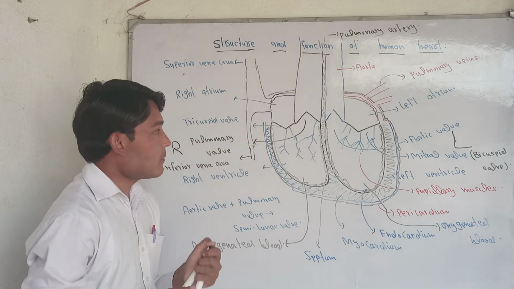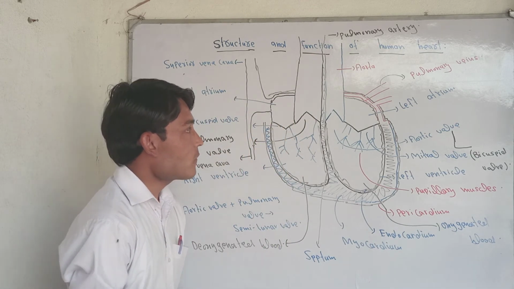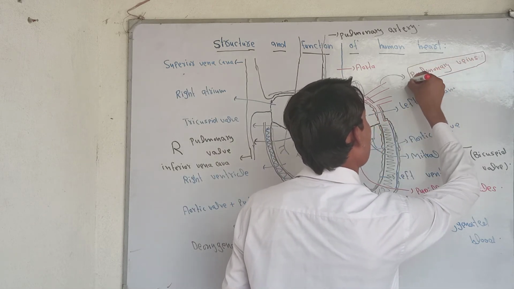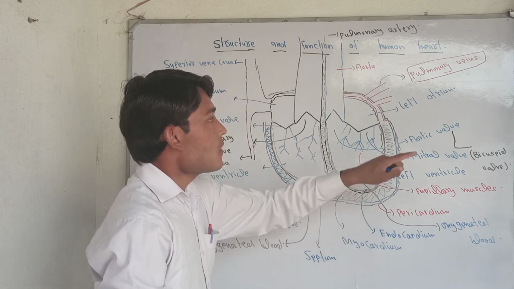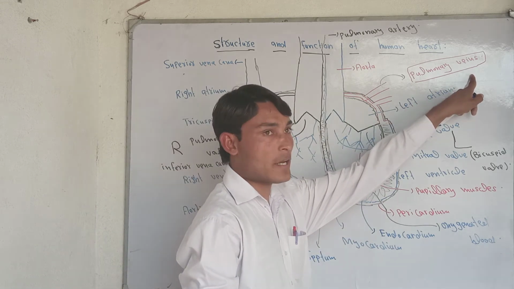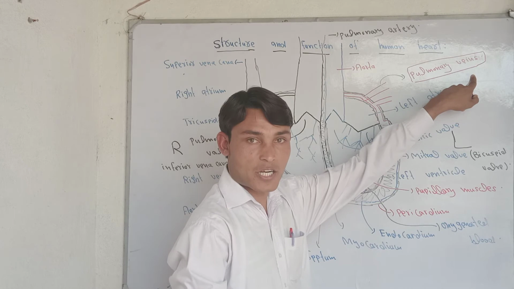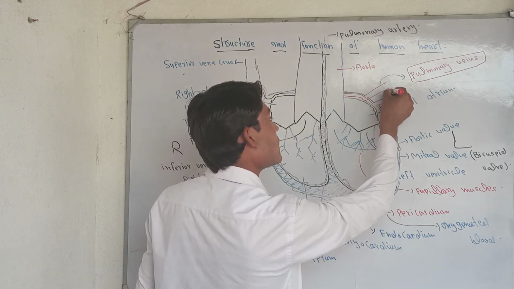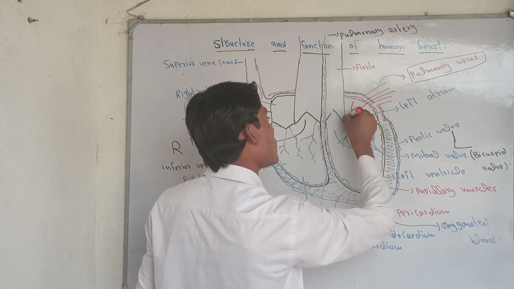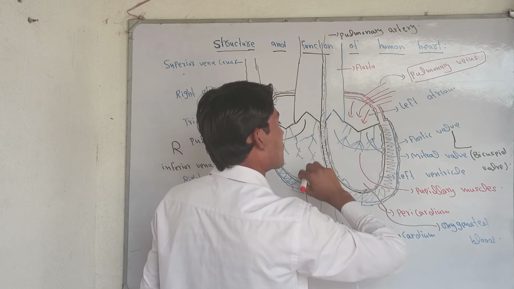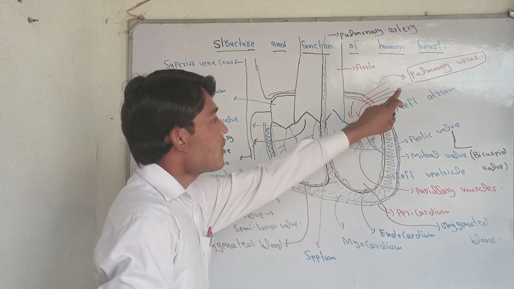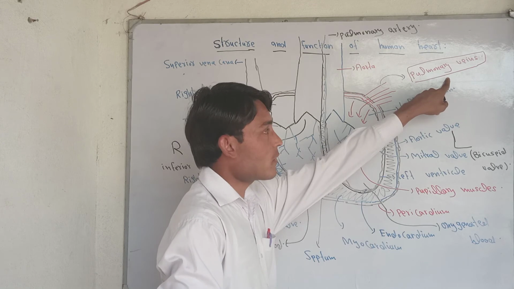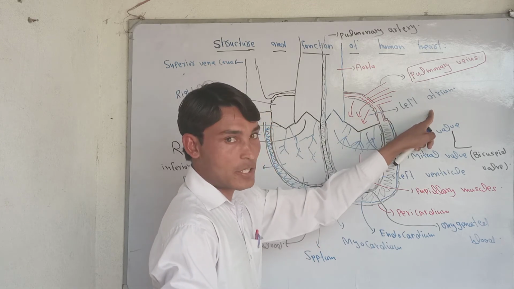Now let's begin the blood flow. The pulmonary veins carry oxygenated blood from the lungs into the left atrium.